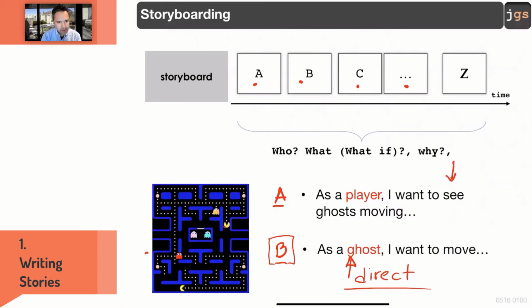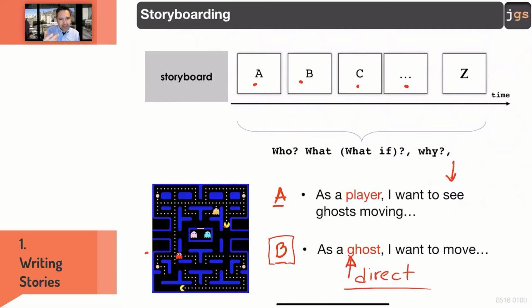In this example, if I think that the ghost wants to move, it's a direct connection. I am the ghost, I want to move. The system needs to implement somehow moving the ghost automatically. That is a direct connection between who and what. I am not telling you that A is wrong.